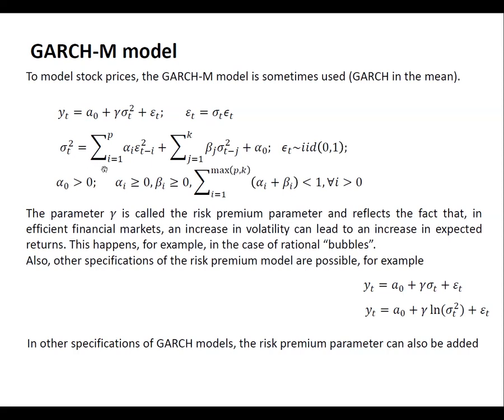It already happens according to all the previous GARCH models. That is, in the same way, the error of this ARMA model is decomposed into a standard deviation sigma and a standardized error. And here I have an equation for the error variance.